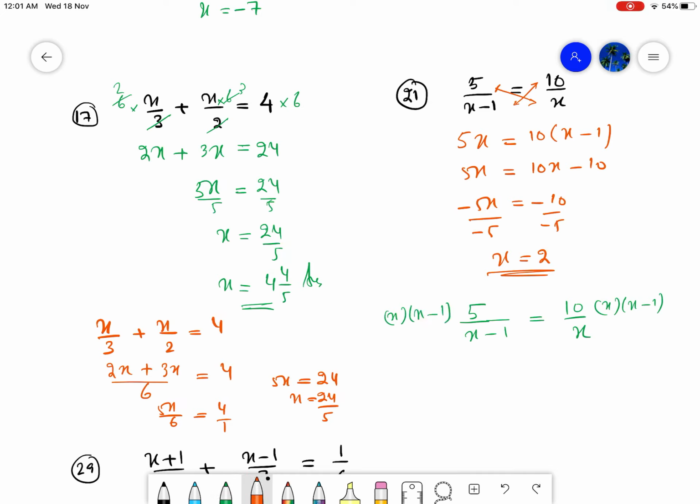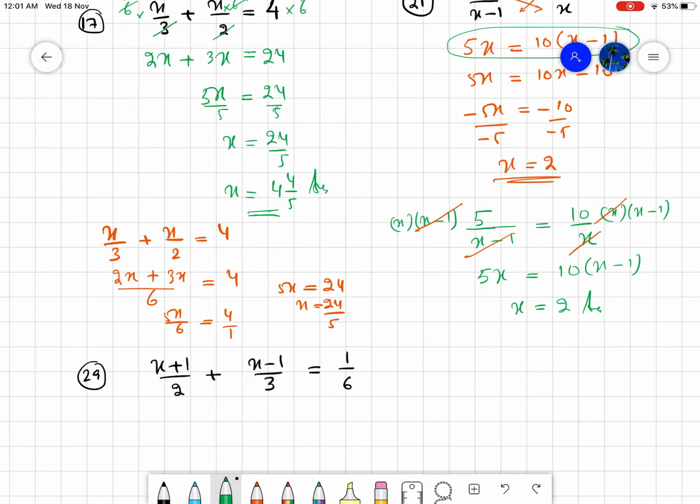Remember that we want to eliminate the denominator. Here x minus 1 and x minus 1 cancels out, and here x and x cancels out. So you will get 5 into x on one side, which is 5x, and 10 into x minus 1 on the other side, which is same like that. And of course, solving this one, you'll get x is equal to 2 as your final answer.